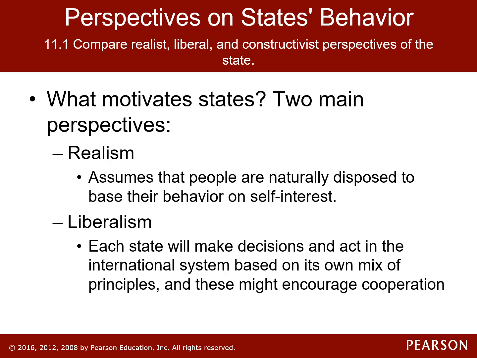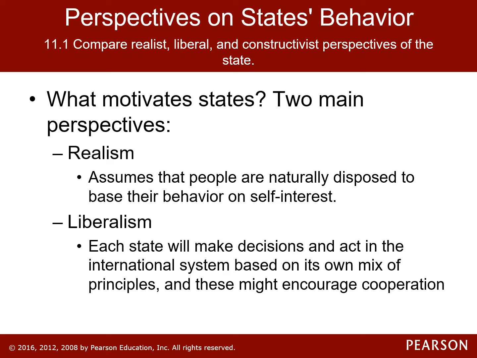Ultimately, there are three perspectives on why states, in this case countries we're talking about, interact with each other. We're going to discuss two. That is the realist and liberal. Realism is sort of, you can almost say, pessimism.